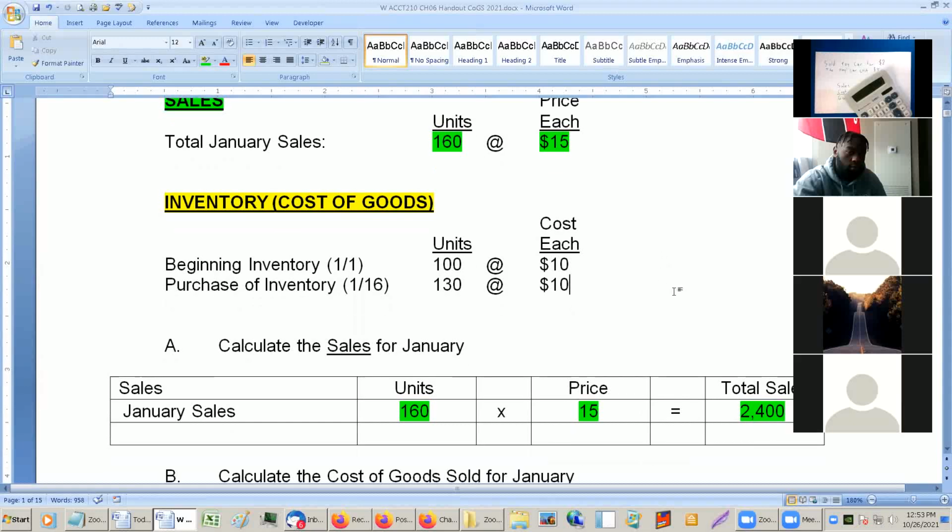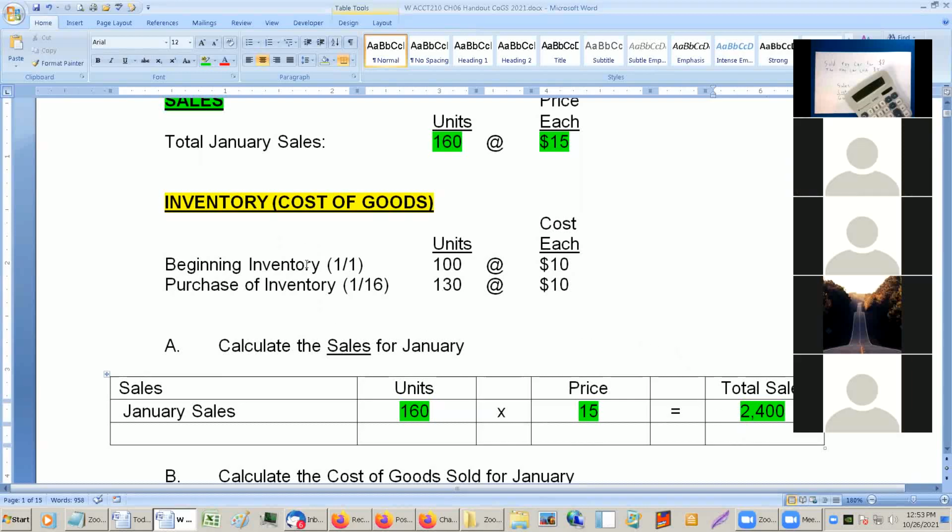Okay, now true or false? We made $2,400 of profit on this. False. We have to take into account that we paid for this inventory, so we have to look at the cost now. So these are the cost of goods.